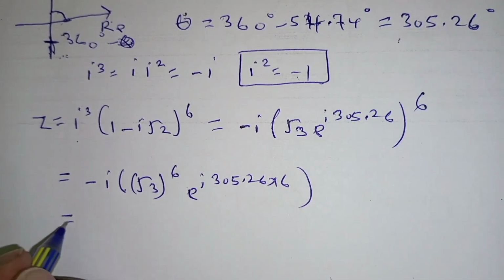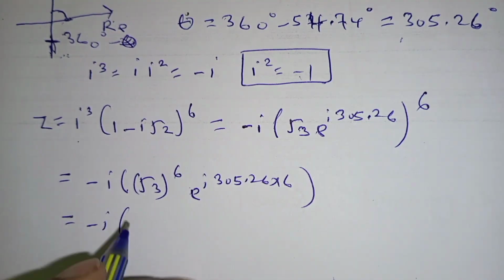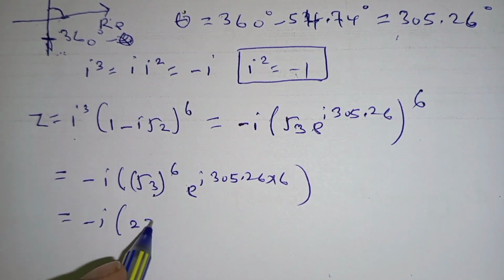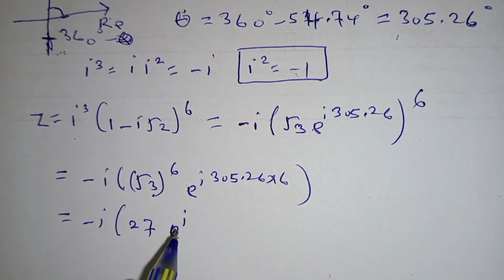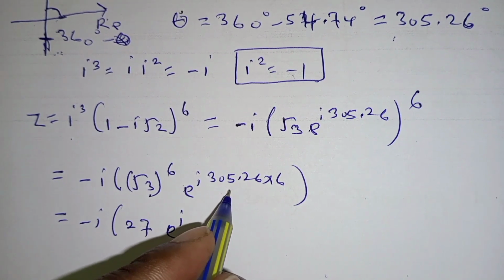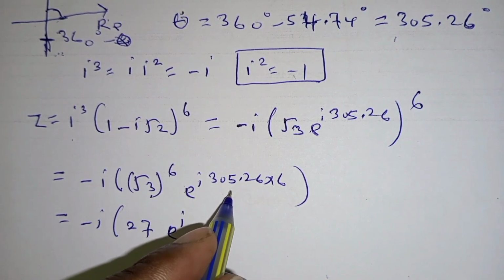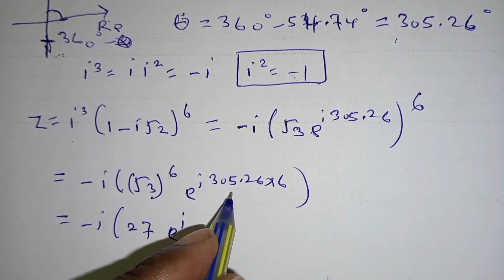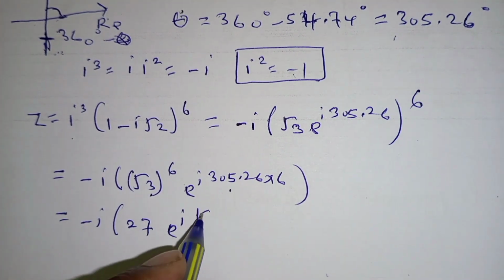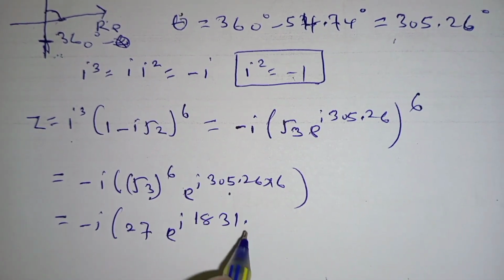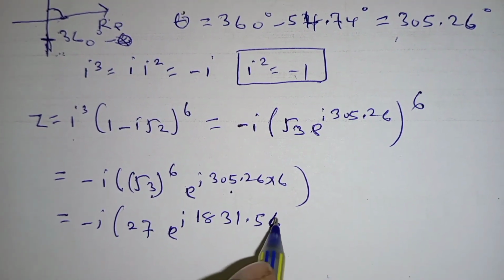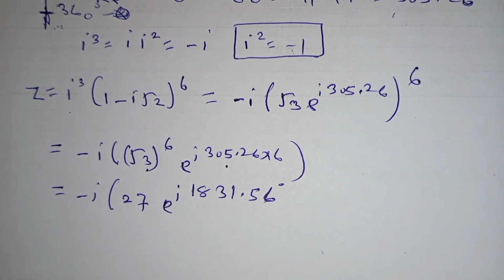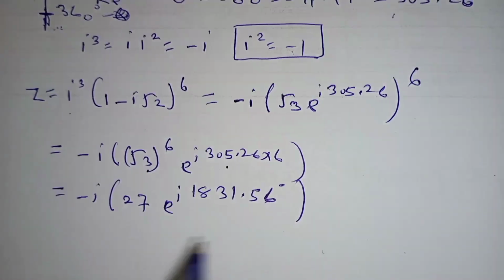We simplify that: root 3 to the power 6 will give you 27, and when you multiply the angle by 6, it is going to give you 1831.56 degrees. You close the bracket.